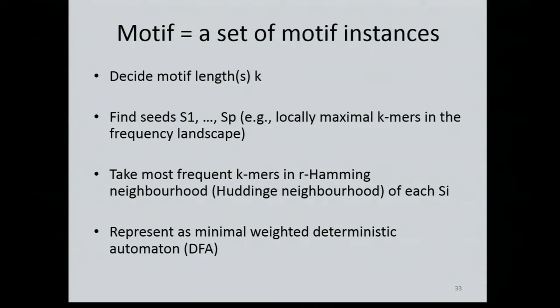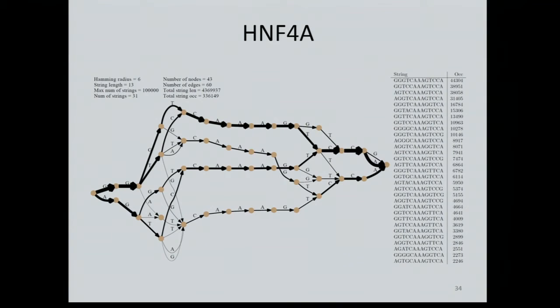Jussi Taipale calls this neighborhood the Huddinge neighborhood because his laboratory is in the Huddinge suburb next to Stockholm. And represent what you get as a minimal weighted deterministic automaton. So this is for 31 such strings listed here. The count here is about 44,000 for the highest counting, and I got down to 2,200.